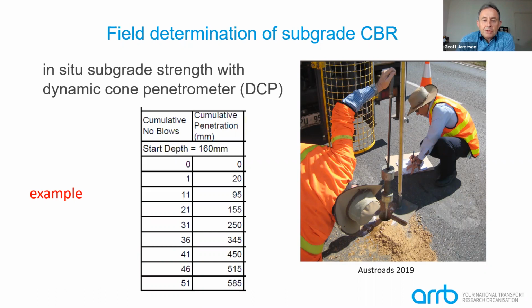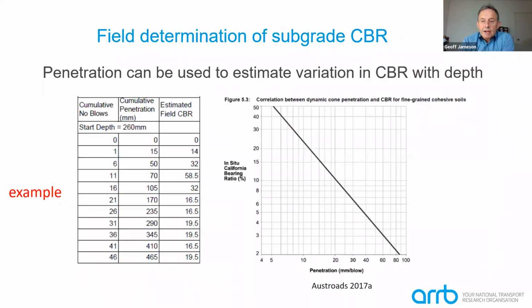And from that, you can estimate from the penetration values and the variation of those number of blows to give a certain penetration, the subgrade CBR. And this is the process we currently use for estimating the subgrade CBR from the penetration in terms of millimetres of penetration per blow. So there's a process there that can be used.